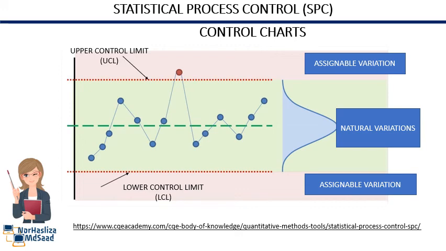Those were natural variations, but we also have one point which is outside the control limits. This is what we have to look for, the assignable variation. Because it is beyond the 3 standard deviations away from the mean, it is most probably due to an external cause. That is what we generally do with a control chart.